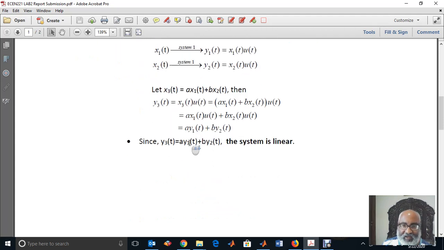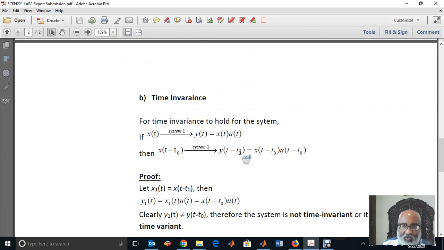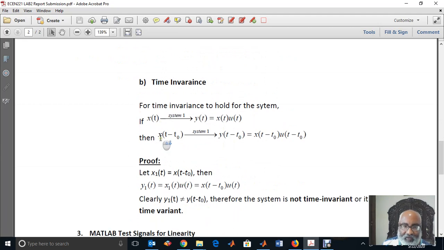Let's try to prove whether this system is time invariant or time variant. Again from the lecture class, if we have x of t passing through the system, system 1 in this case, y of t is equal to x of t times u of t.